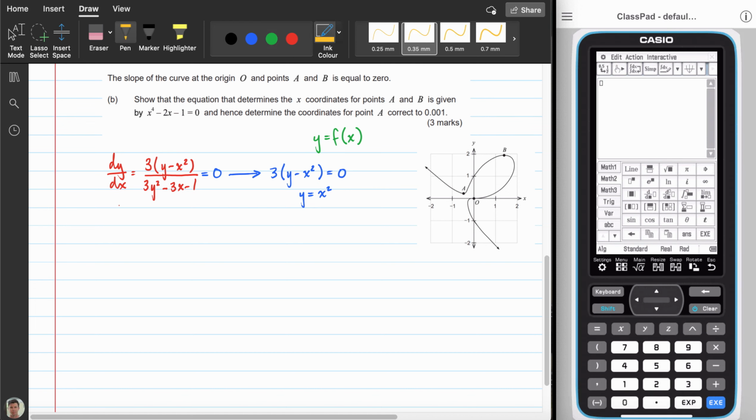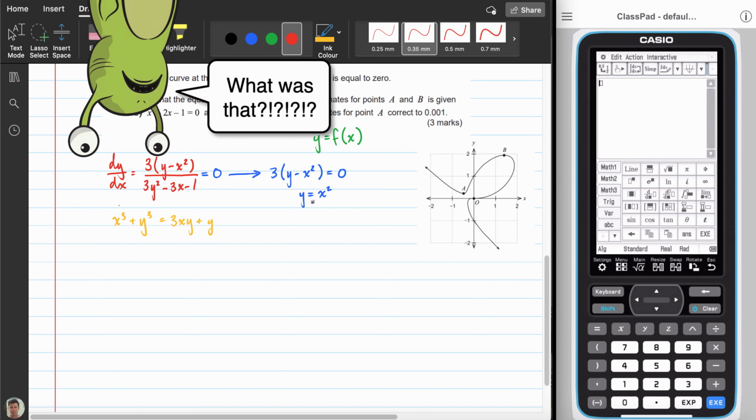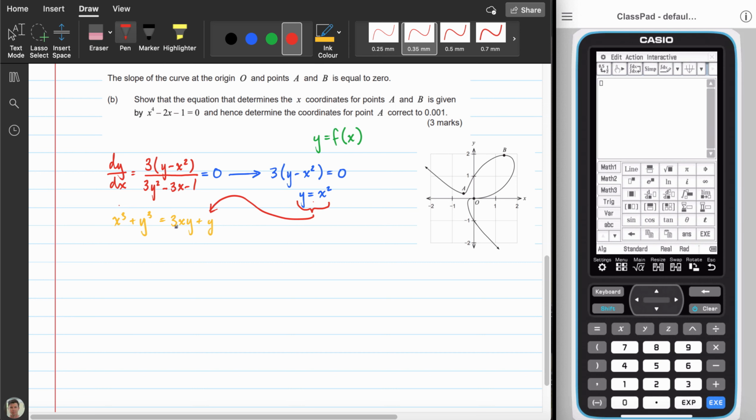So we're going to reintroduce our original function, x cubed plus y cubed is equal to 3xy plus y, and insert this particular relationship into that function. So let's get to it.